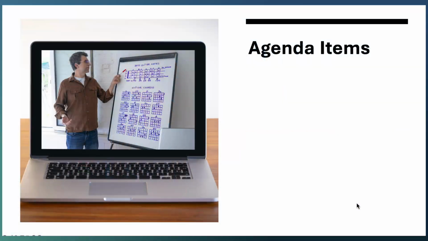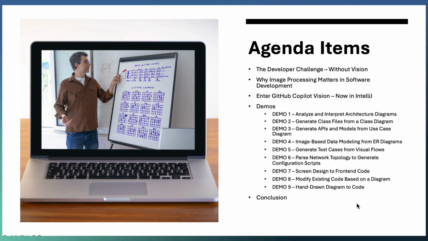Today, we will be discussing why this vision is very important, why image processing matters in software development, and the new addition of vision capability for IntelliJ, and a couple of demos addressing various diagram processing across our SDLC.